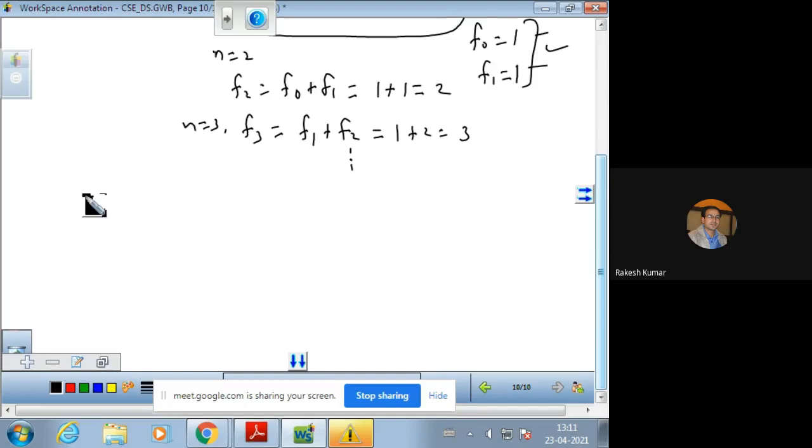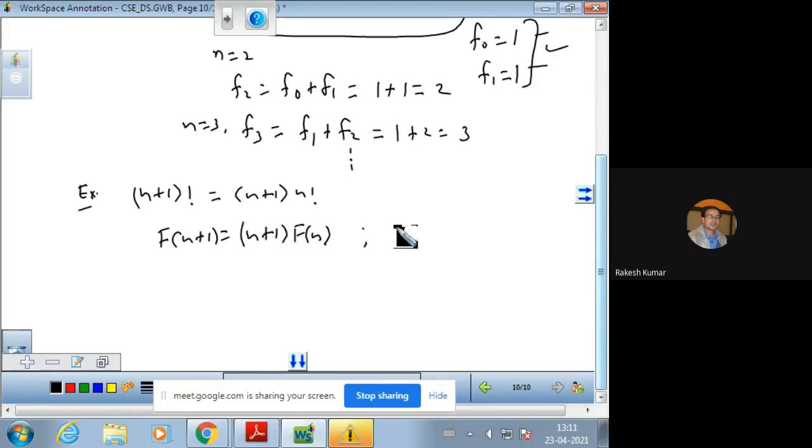In the same way, we can take the example of (n+1) factorial. It can be written as (n+1) into n factorial. And this relationship can be written like this: f(n+1) = (n+1) f(n), where f(n) is n factorial. Suppose we want to compute f5.